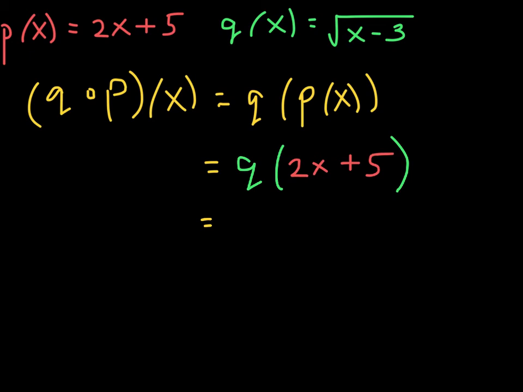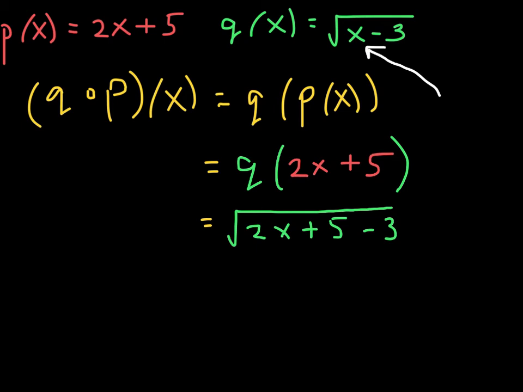Now, let me see if I can highlight. For function q, your input variable is right there, underneath the square root. So we're replacing that input variable that I've highlighted with the expression 2x plus 5, okay? So it'll look like this. The square root of 2x plus 5, and let's not forget, minus 3, okay?